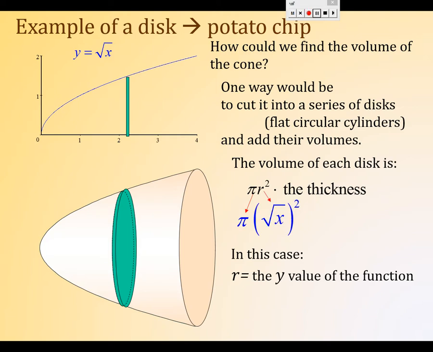So far, so good. And the thickness, we just said, was dx. So I think we already have a program set out for us, don't we? We're just going to slap an integral on it and integrate from 0 to 4, to add up all such cross-sectional areas times dx.